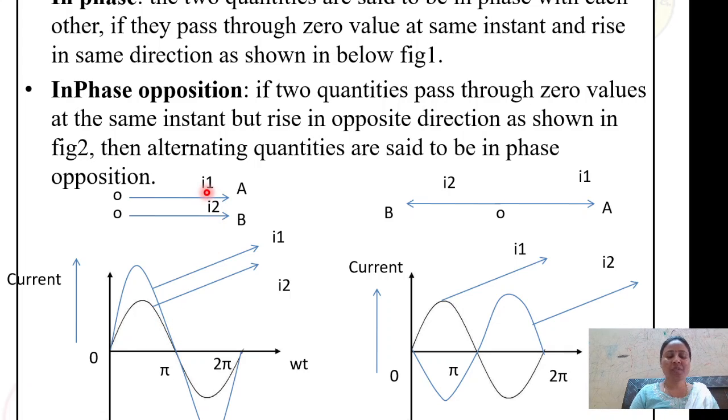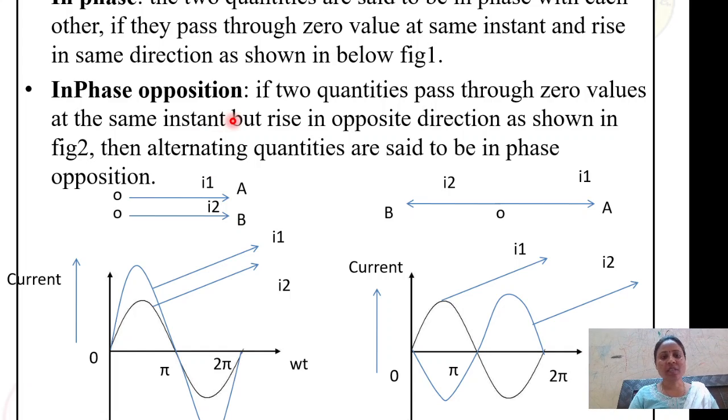Okay, we can also represent them as IM1 and IM2. So the length of the vector depends on the maximum value. OA is the maximum value of I1, and OB is the maximum value of I2. Okay. So these two vectors are represented in parallel. It indicates that they both are in phase.